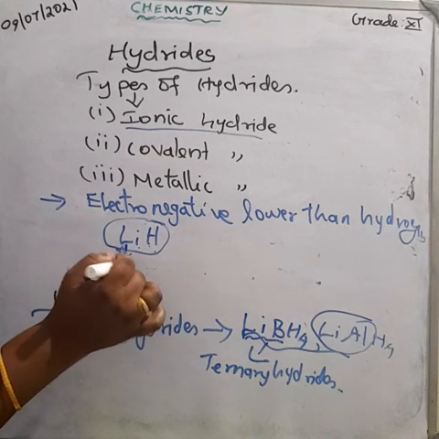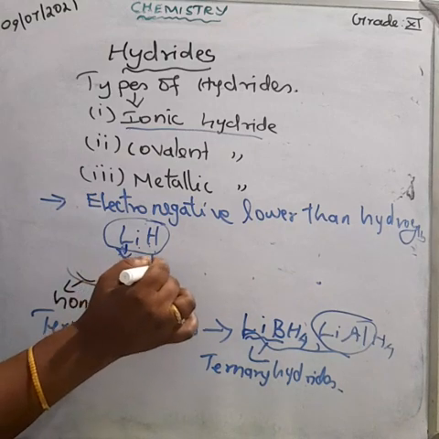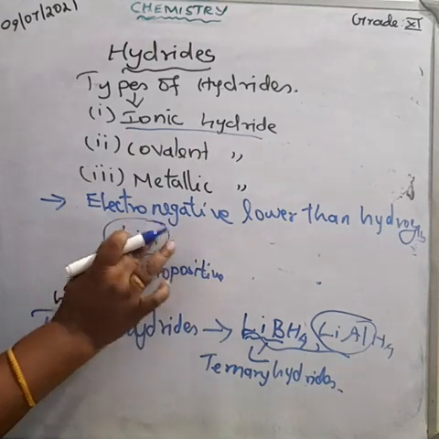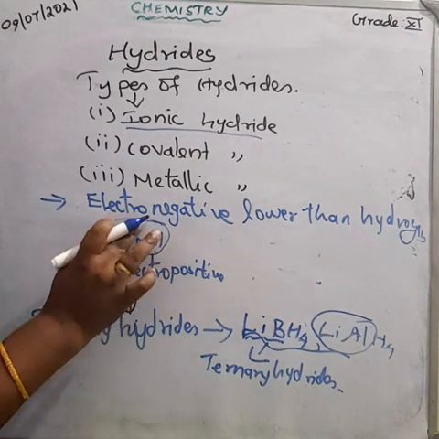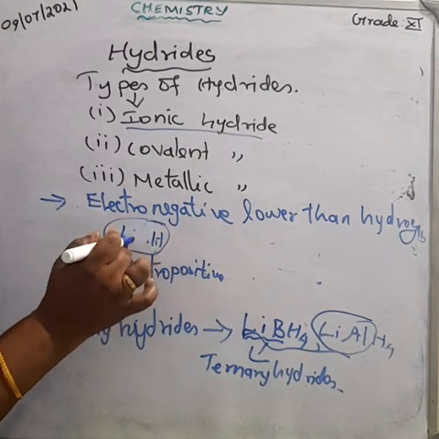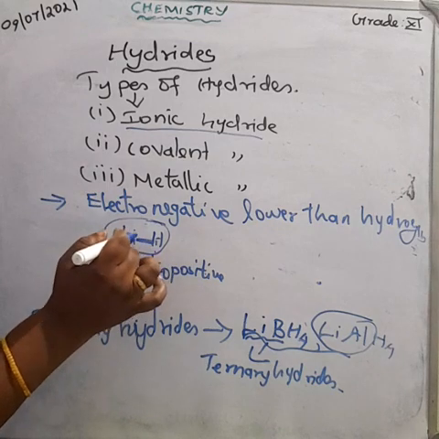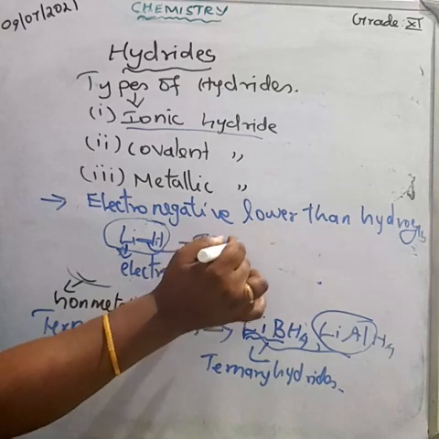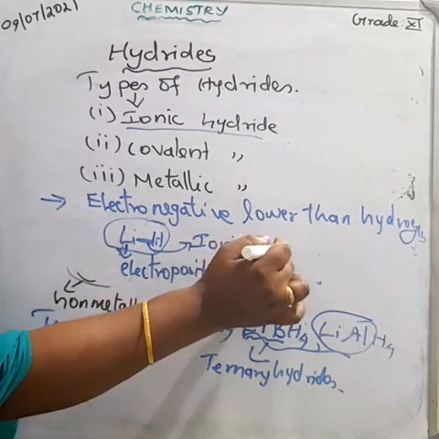The bond between lithium and hydrogen is an ionic bond. So this compound is called an ionic hydride.